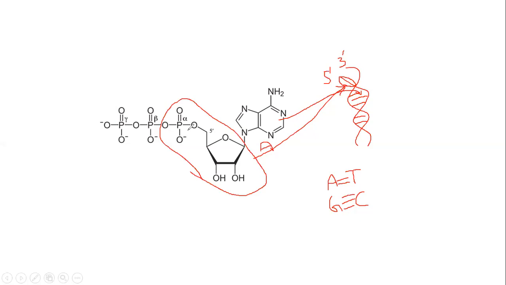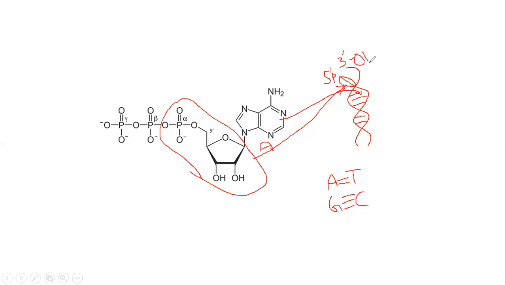This is the alpha phosphorus. It remains in the structure of the sugar phosphate backbone, and it is going to be incorporated. The 5 prime end will always have the phosphate group, and the 3 prime end will have the hydroxyl group.